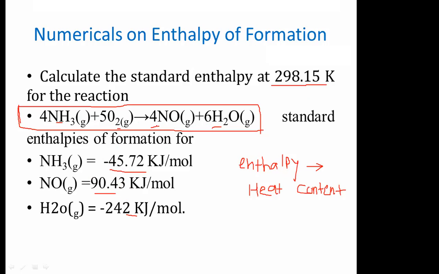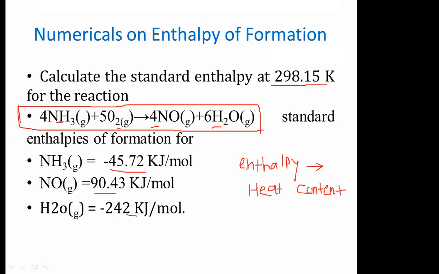Therefore we can do the mathematical operations as usual on the enthalpies. Okay, so 4NH3 plus 5O2 gas gives 4NO plus 6H2O gas. I request everybody to write this problem. Then on the next slide we'll go for the solution.